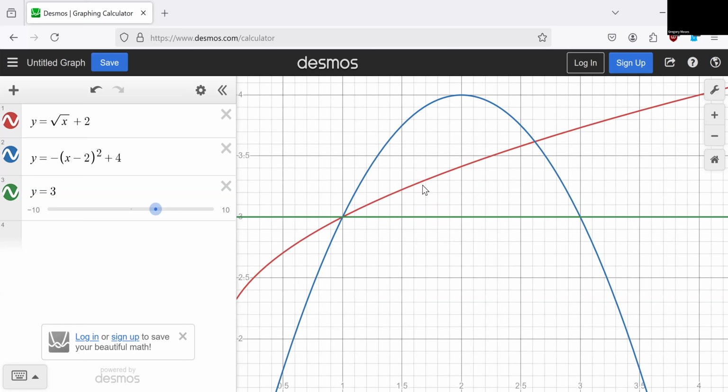And this region here always has the same lower boundary, this horizontal line, but the upper boundary changes. For a while, we're going up to this square root function. But here we switch, and now if we look at the upper boundary, it's this quadratic.